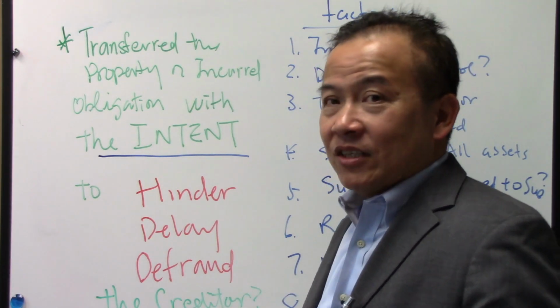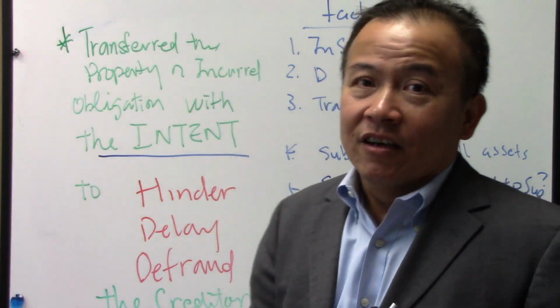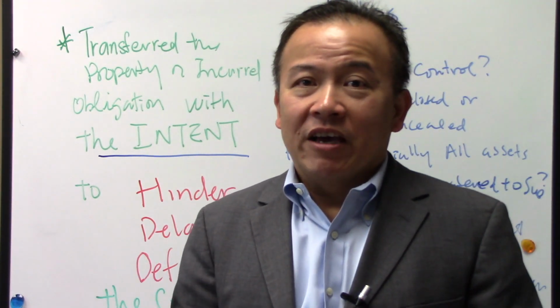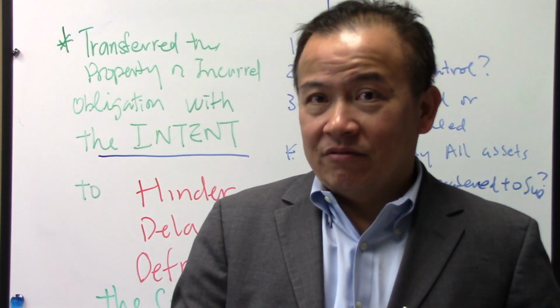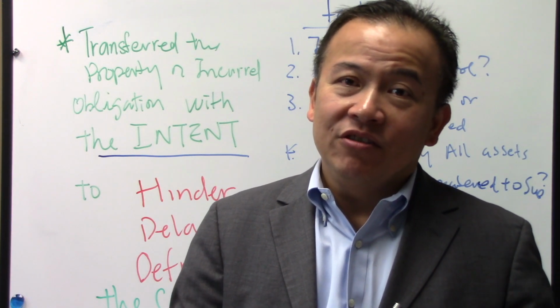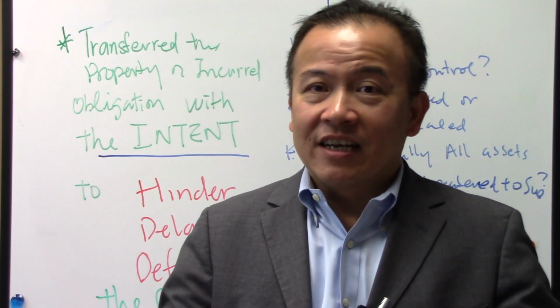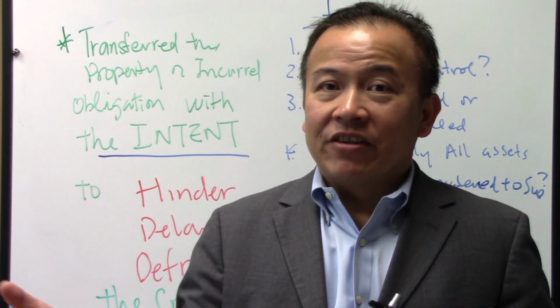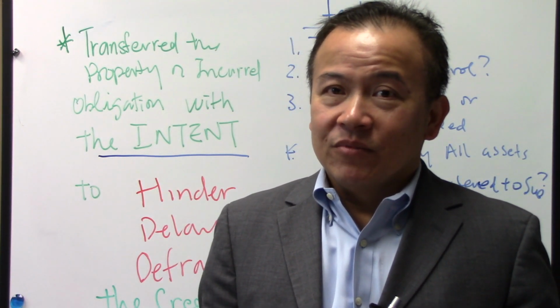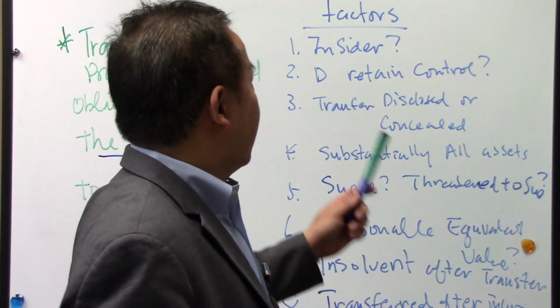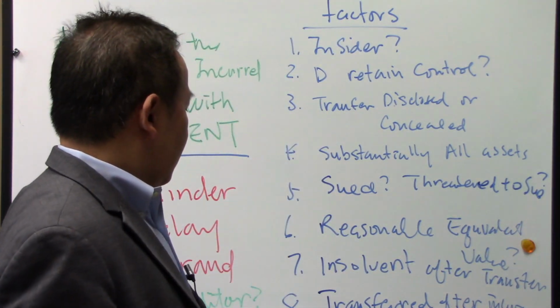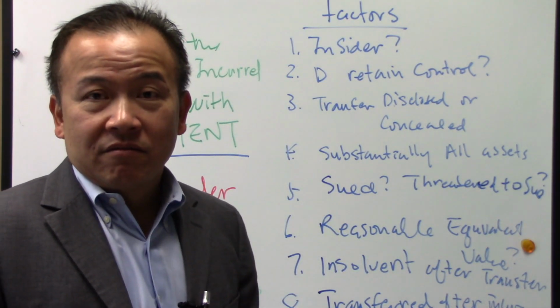To prove intent, we have certain factors that the court will consider, and we need to gather the evidence. We use those factors as a kind of guideline, and we gather the evidence to prove our case. And these are the 8 most common factors.